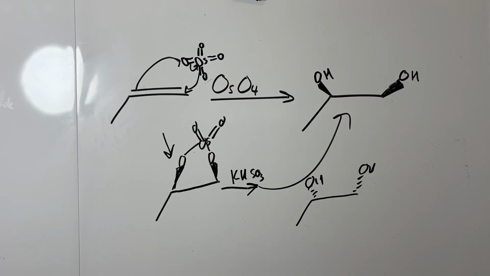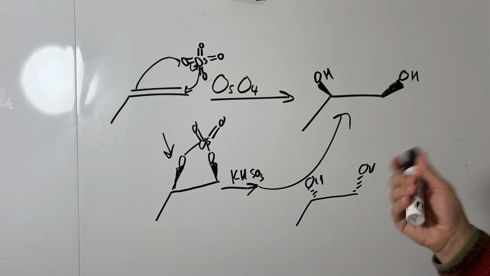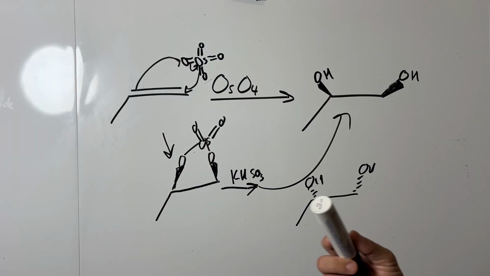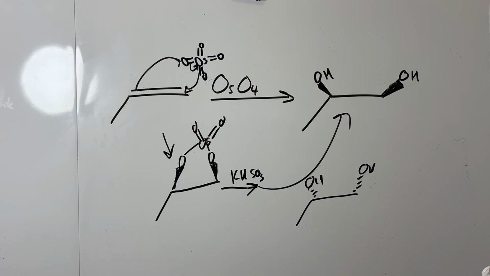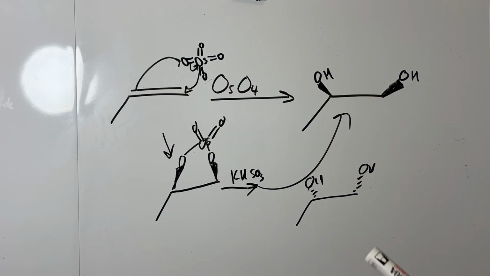You might be saying to yourself, aren't there other ways of doing syn dihydroxylation? You can think of potassium permanganate, and that's correct, because it forms in a similar syn fashion, forming a manganate ester. However, if you don't have an alkaline or basic solution, or if heat is added, you get oxidative cleavage of that alkene instead.